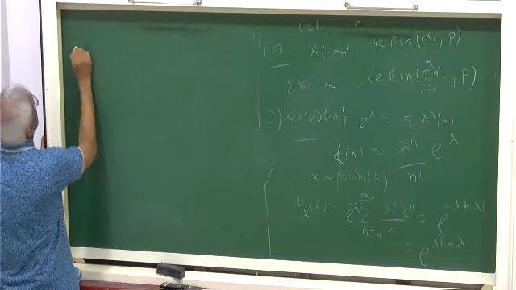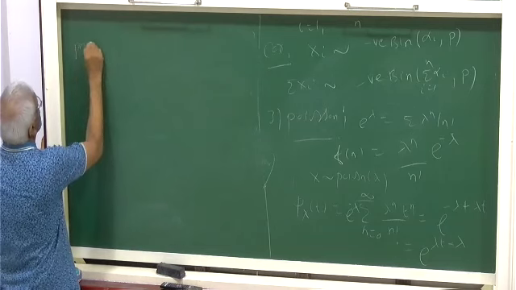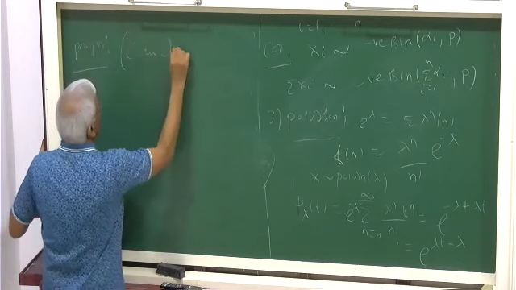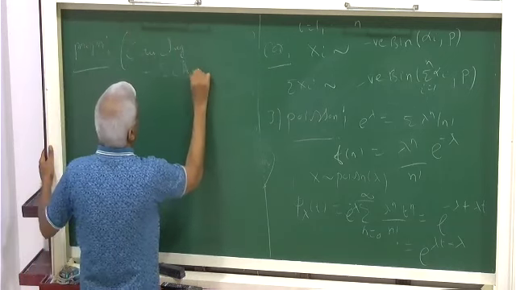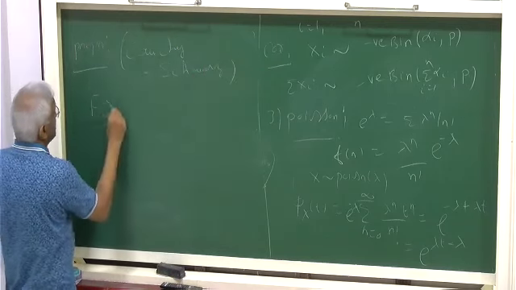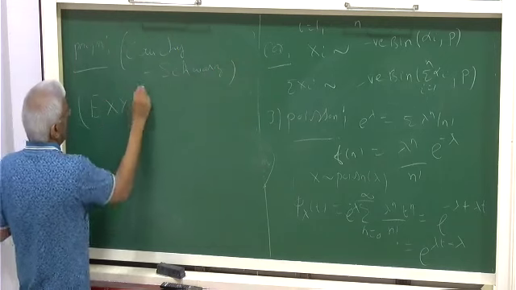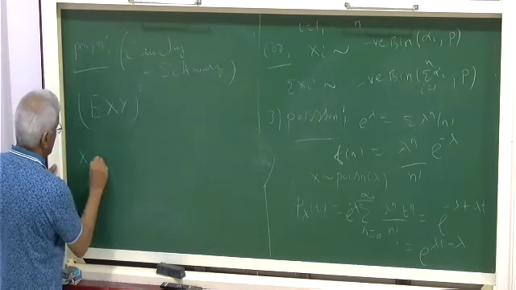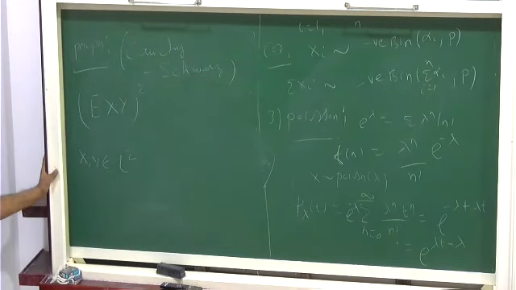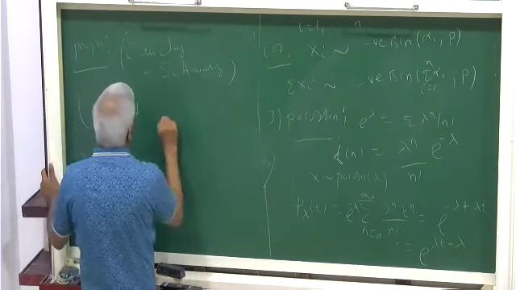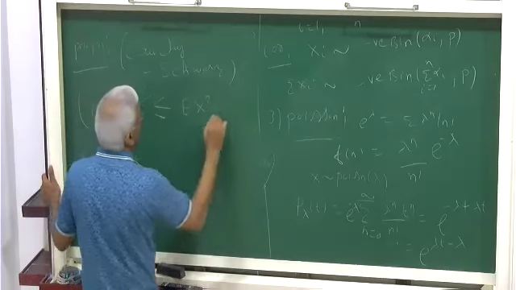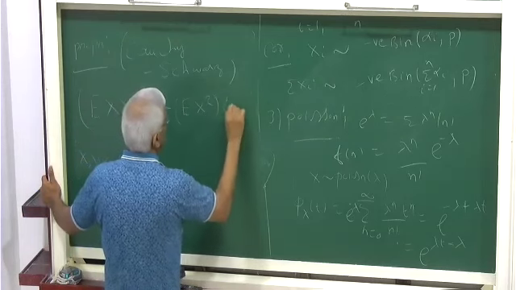So maybe a proposition. The Cauchy-Schwarz inequality says the following: if X and Y are two random variables defined on omega, in L2, then E[XY] square is less than or equal to E[X square] times E[Y square].